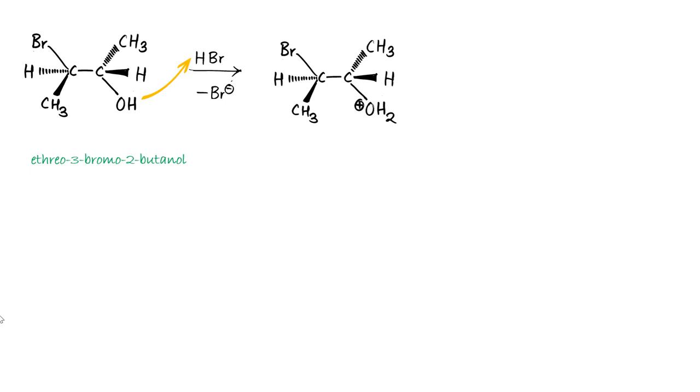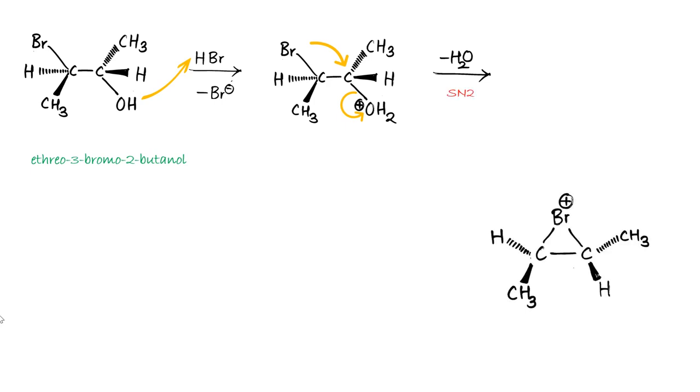As Br is acting as a nucleophile, it will attack this carbon and the water molecule will be eliminated as minus H2O. So this is the first intramolecular nucleophilic attack, which gives formation of a cyclic intermediate and inversion of configuration.